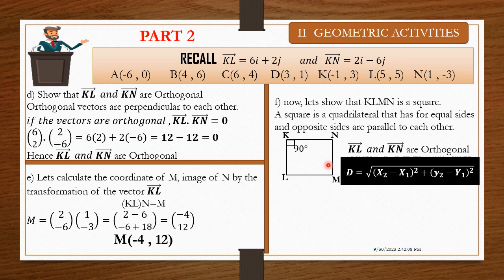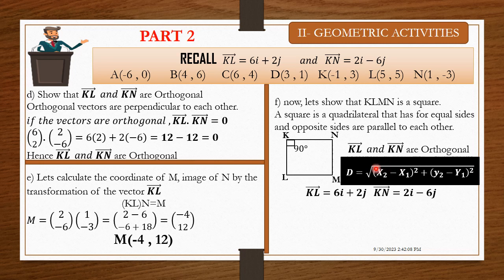But there is another easier way to go about it. In fact, there are many ways to complete the solution at this point. We can simply use the magnitude of the vectors KL and KN. Let me explain what I'm saying. KL is given as the vector 6i plus 2j, meanwhile KN is 2i minus 6j.